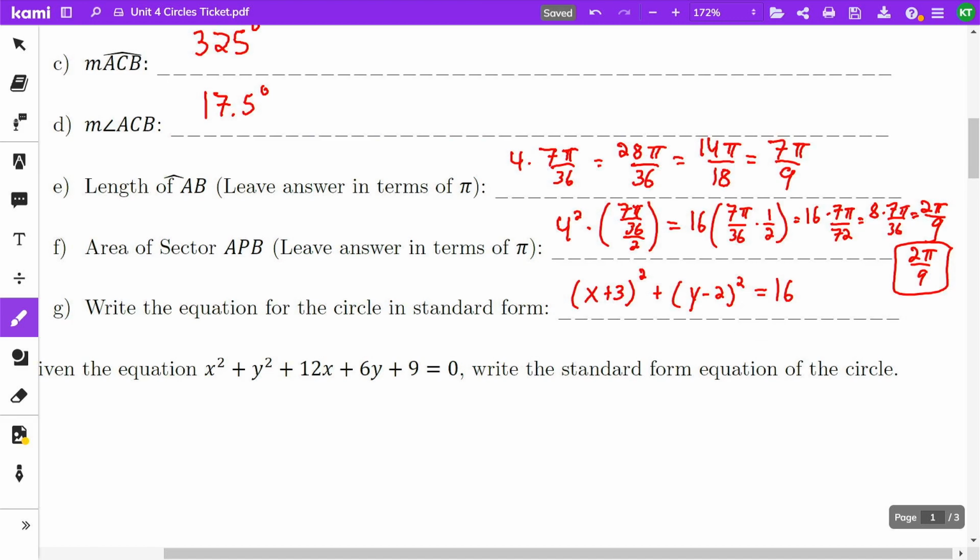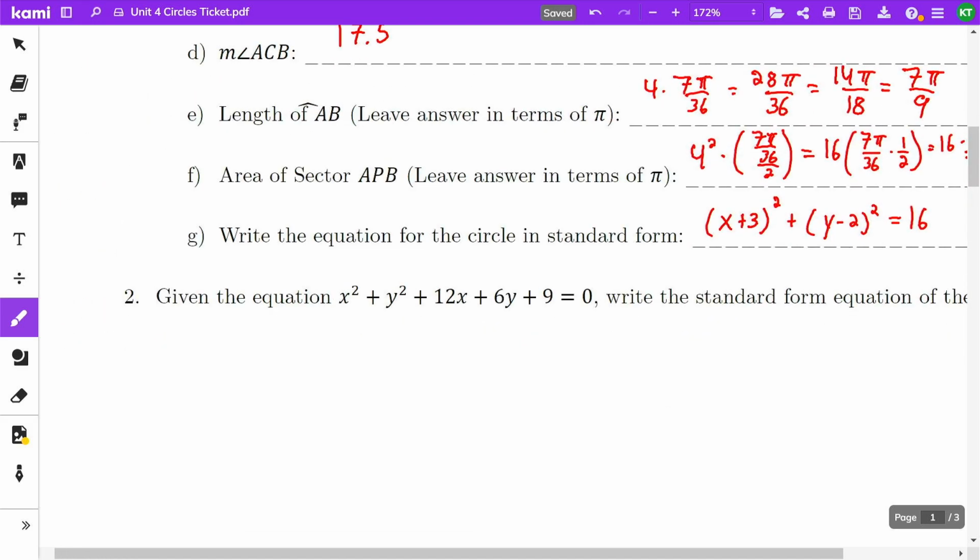And then lastly, we're going to complete the square. To solve this, I'm going to organize the x's together as well as putting my y's together, and then move this 9 to the opposite side by subtracting 9 from both sides. So that will end up giving me x squared plus 12x plus y squared plus 6y is equal to -9.